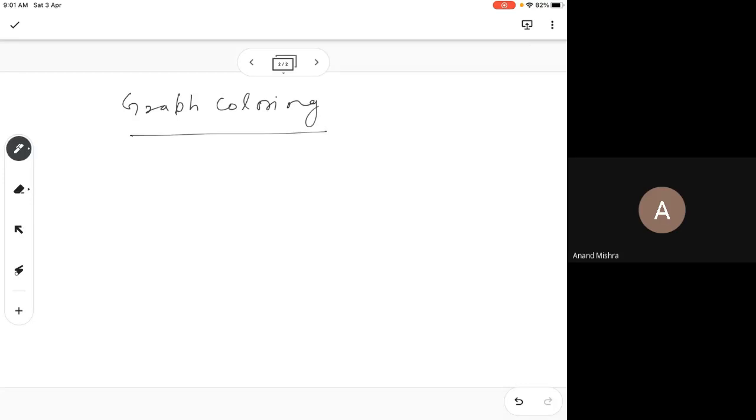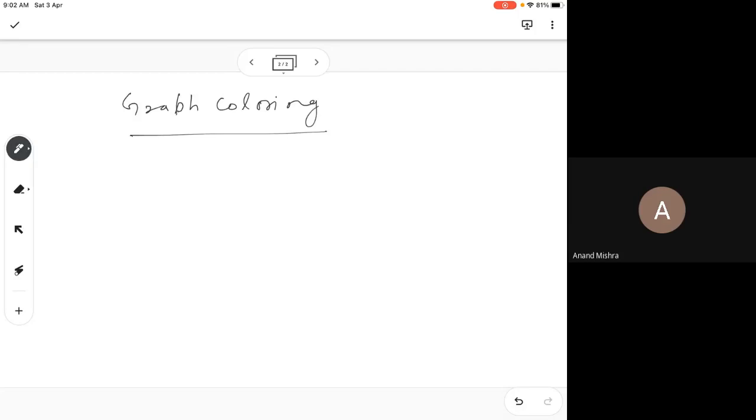The property is the adjacent nodes of the graph should have different colors, right? This problem is actually an NP-hard problem, which means there is no exact solution that exists in polynomial time, but an approximate solution, which is often very good, can be obtained by a greedy algorithm, which works as follows.